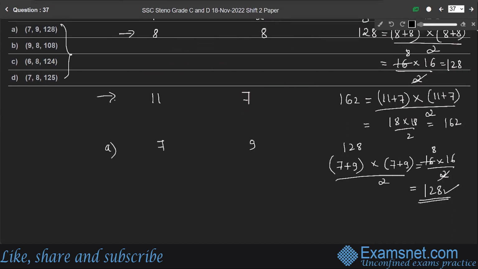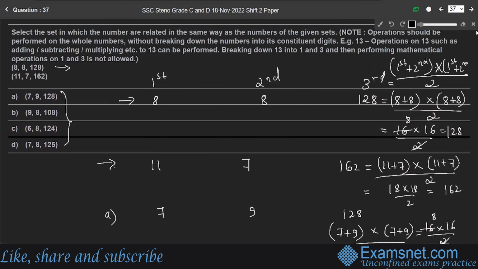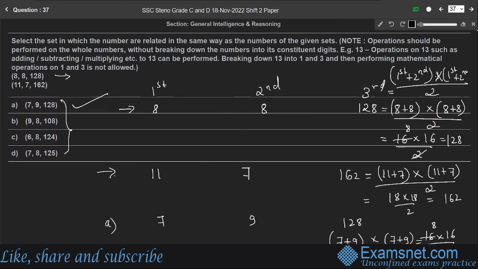Yes, 128. Therefore, this set of numbers follows the logic of the given 2 sets. Hence, option A is the right answer, whereas the remaining options do not follow the same logic. If you want, you can verify the answer by considering options B, C and D. Therefore, for the given question, option A is the correct answer.